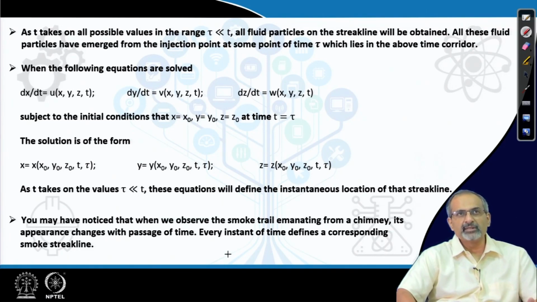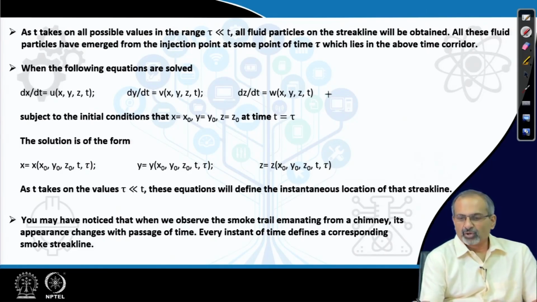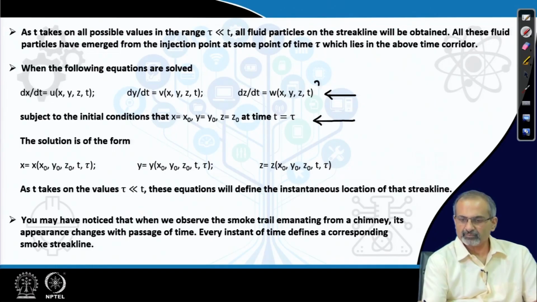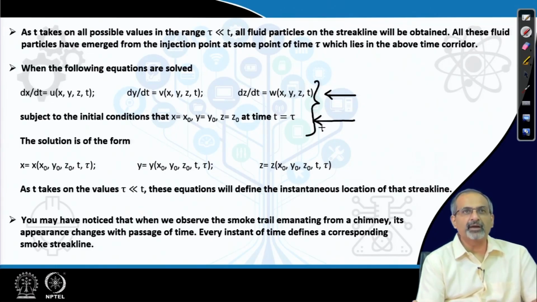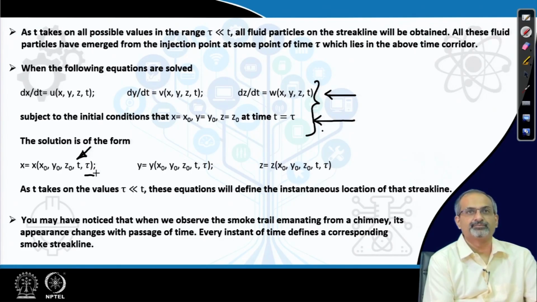So, when you solve these equations, finally you are solving this problem subject to the initial condition, and the final solution should then come out as x as a function of x naught, y naught, z naught, t as well as tau.